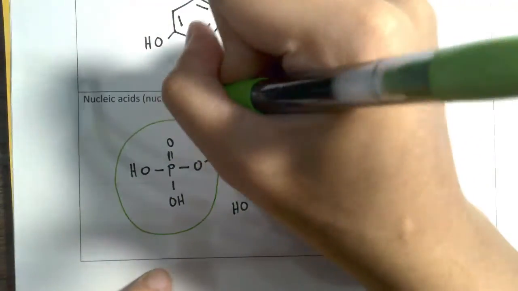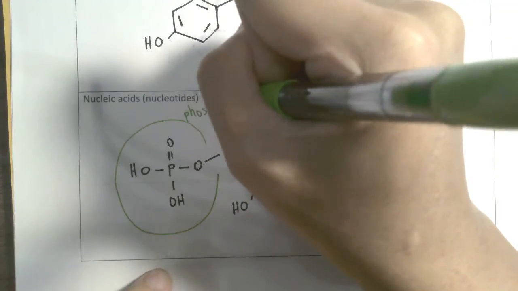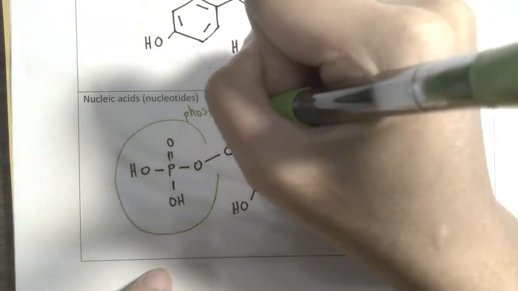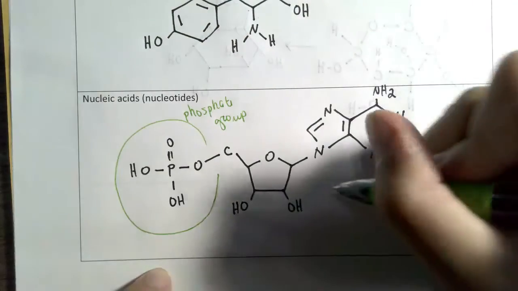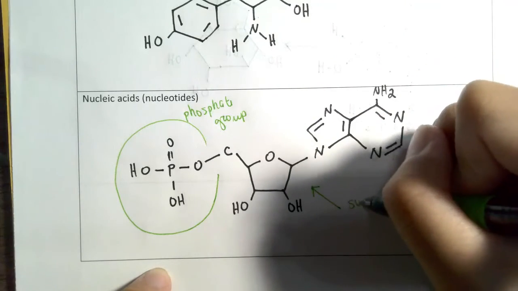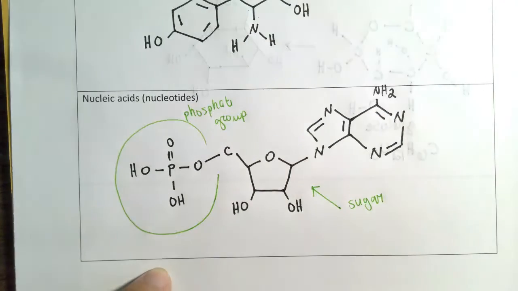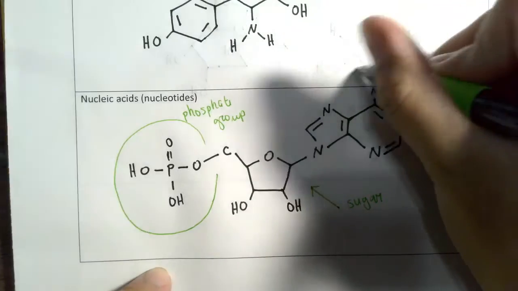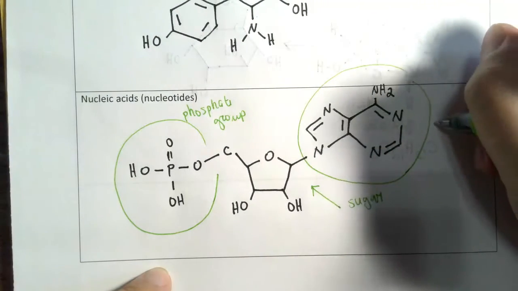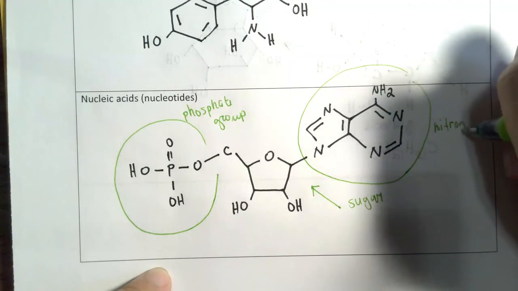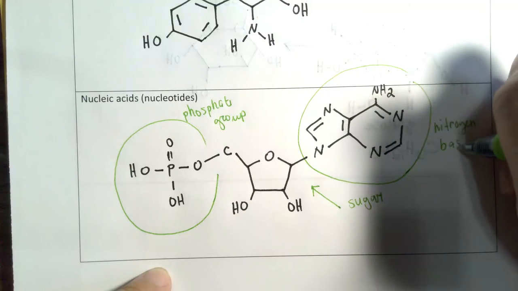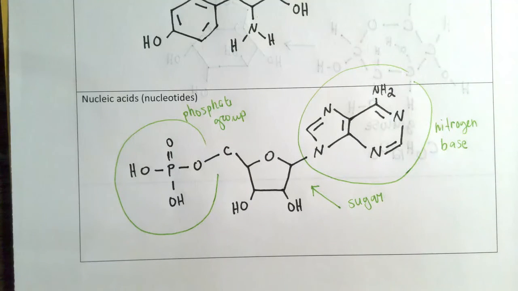So this bit right here is known as the phosphate group. This is the sugar bit. And then this area right here is the nitrogen base. And that is nucleic acids.